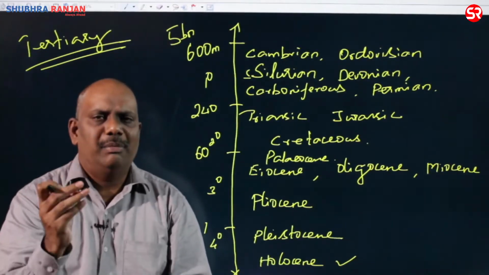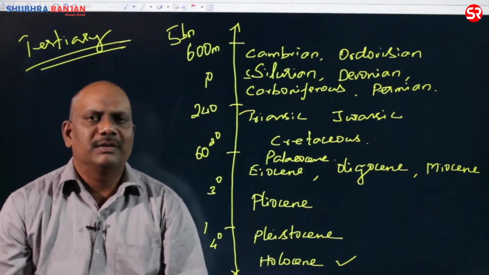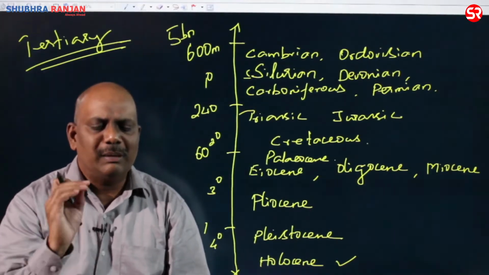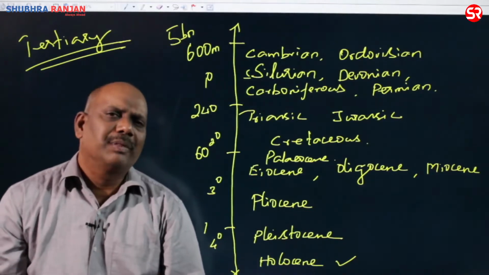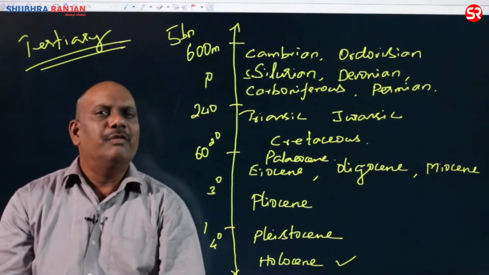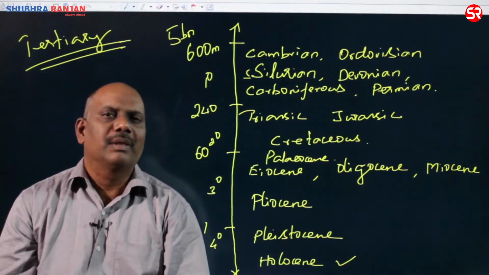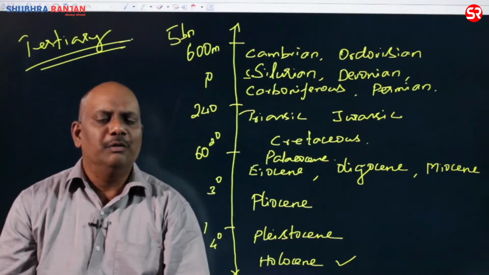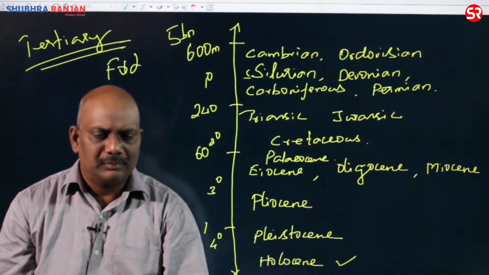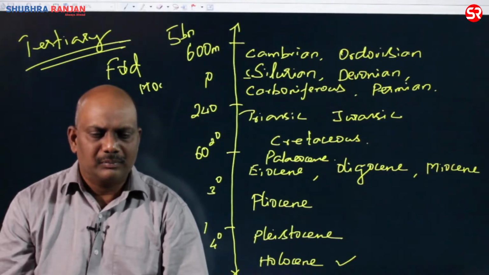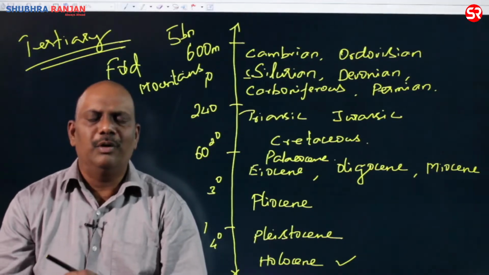You might have heard about the Tertiary fold mountains. This Tertiary period, that is the last 60 million years, is very importantly known for mountain formation. Most of the fold mountains on earth.